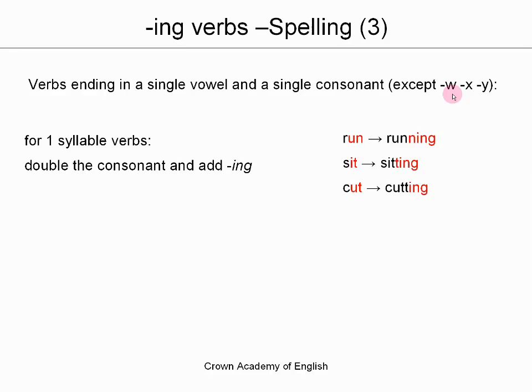We do not double the consonant. An example would be the verb row, R-O-W, like to row a boat. There the ing would be rowing, and it would be a single letter W, R-O-W-I-N-G.